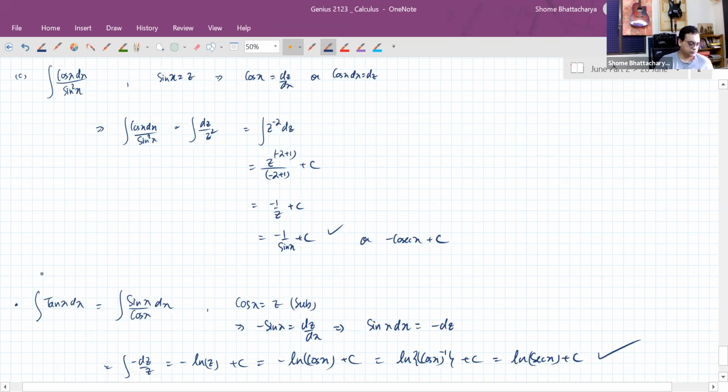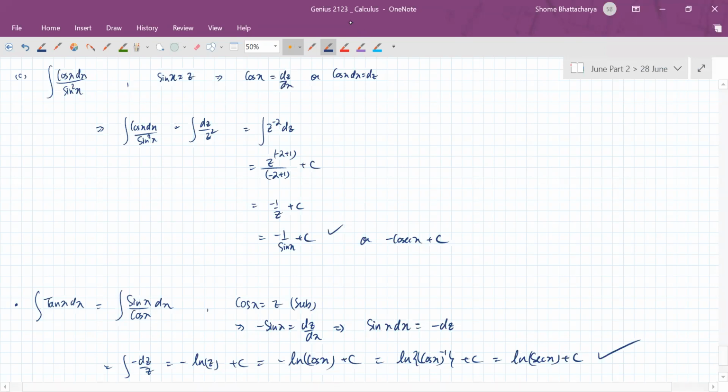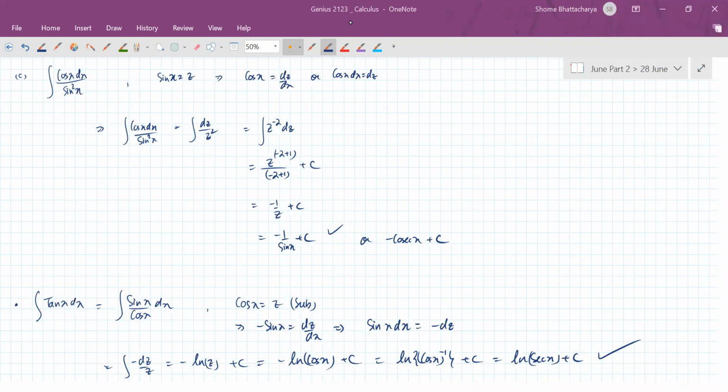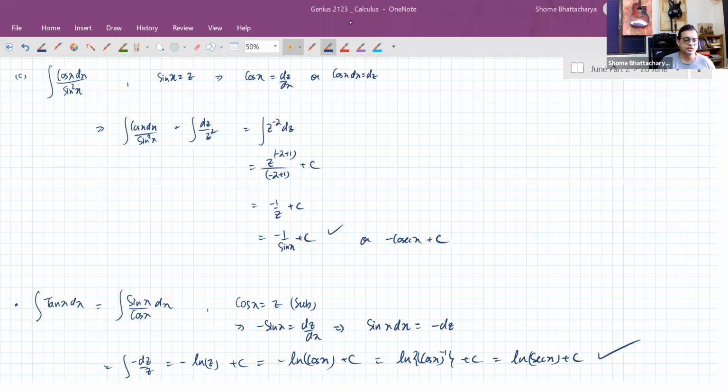Sir, I had a doubt in the A part. Yeah, tell, beta. Sir, in the substitution part, when we resubstituted, we wrote dz as dx into dz. No, resubstitution is in the last step, beta. After doing the integration, we get the antiderivative in terms of z.